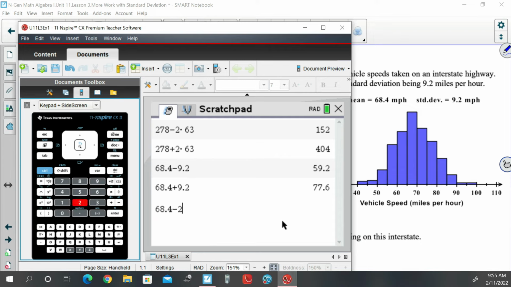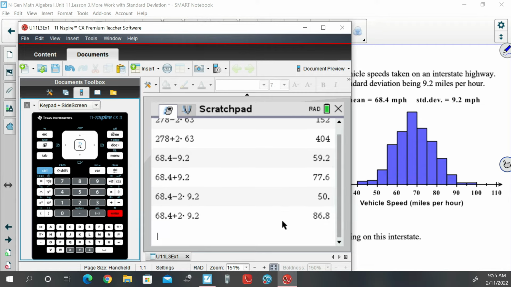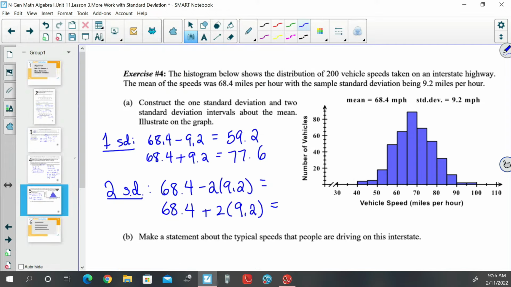And we get 50 up to 86.8. That's all we should need our calculator for on that.